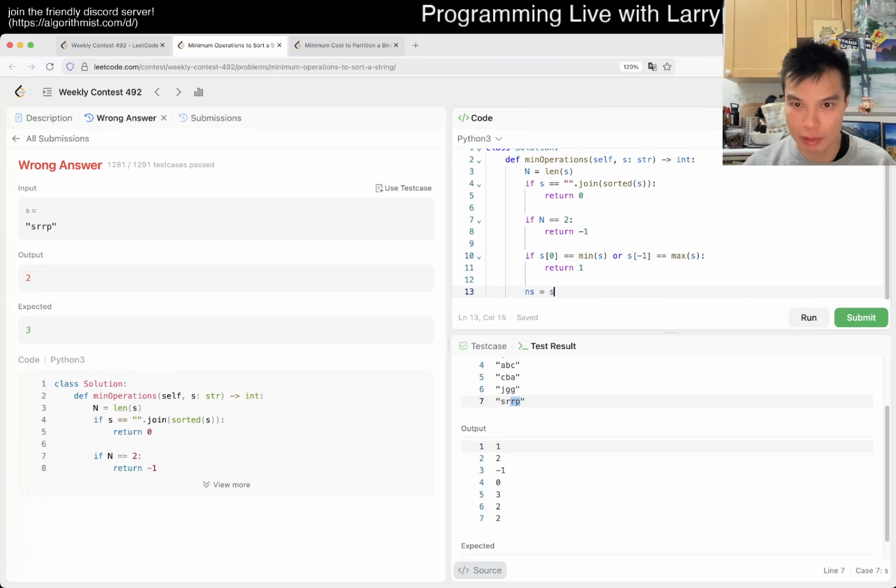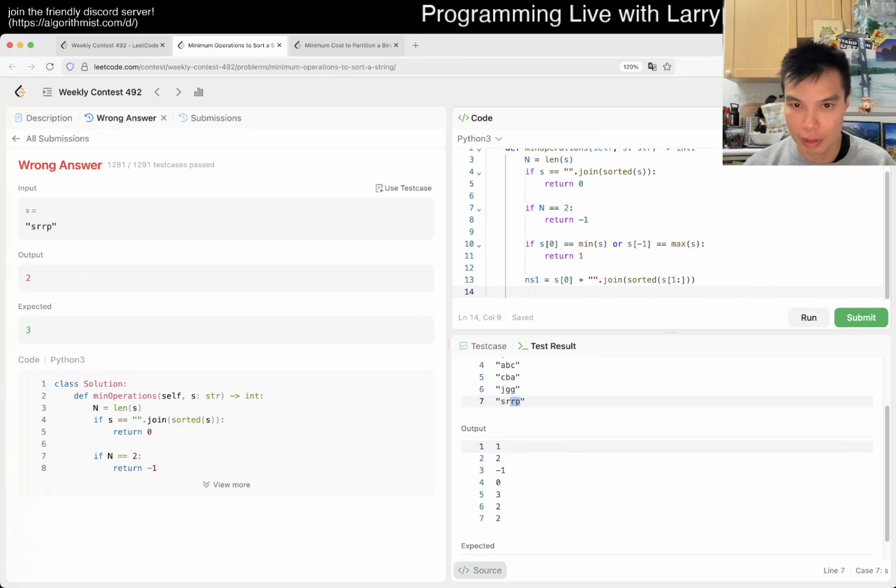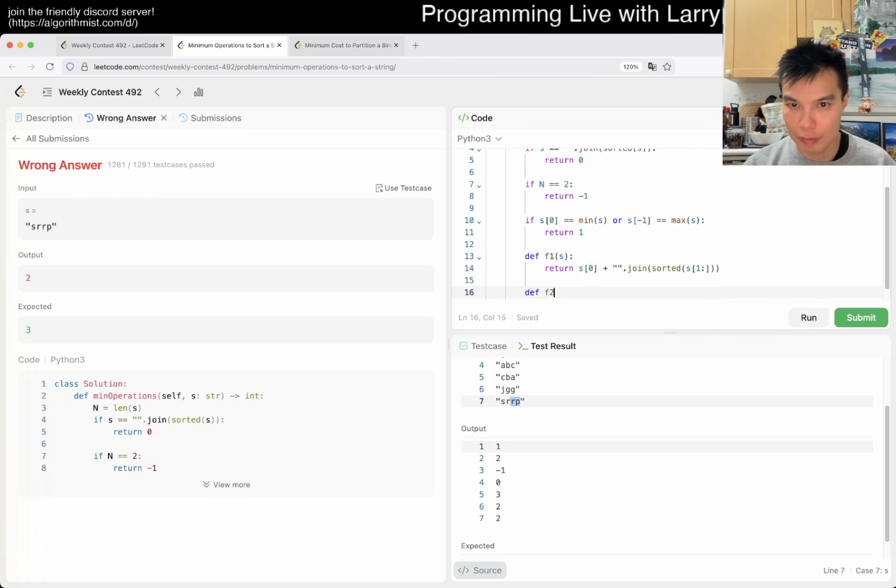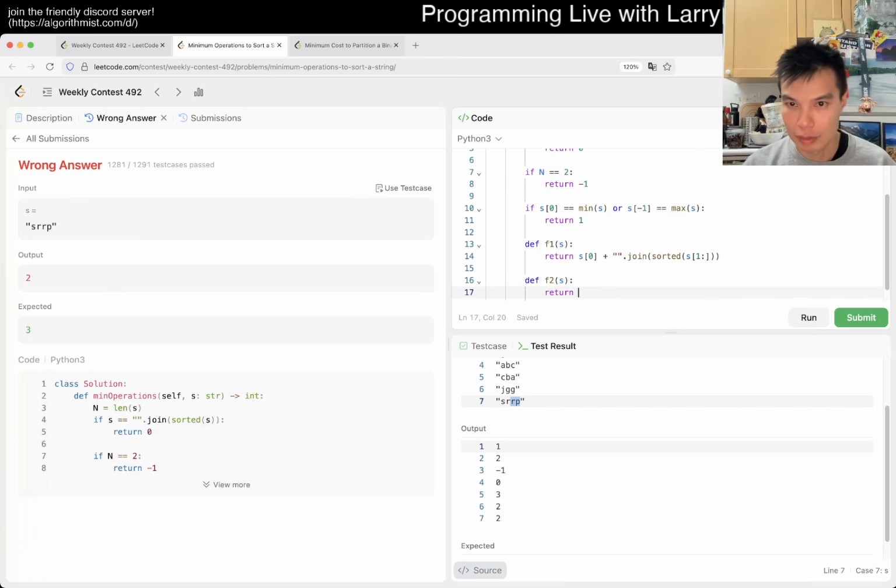s equal to s of 0 plus... okay. Okay, oops.